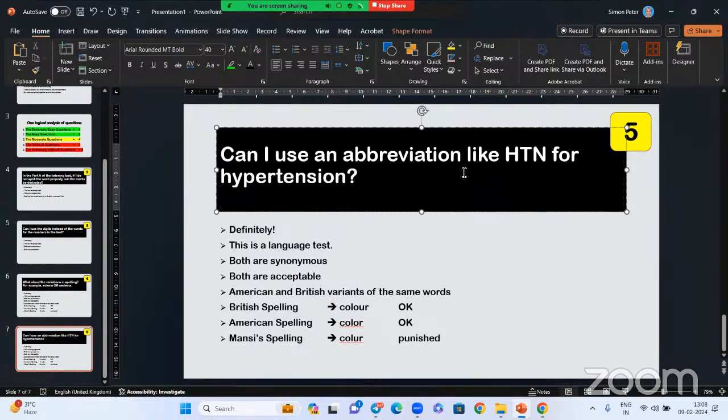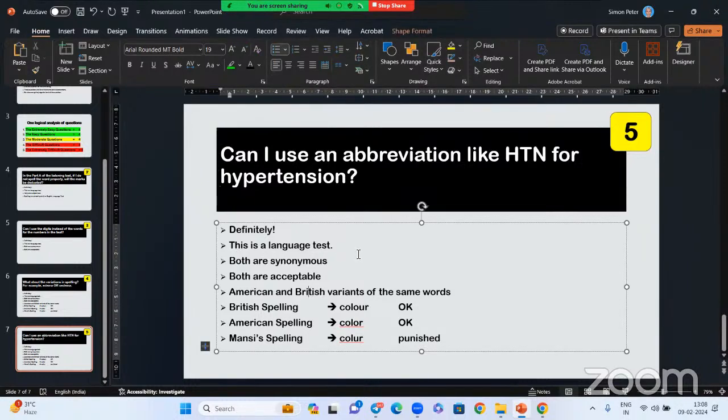Can I use an abbreviation like HTN for hypertension? Definitely no. Big no.